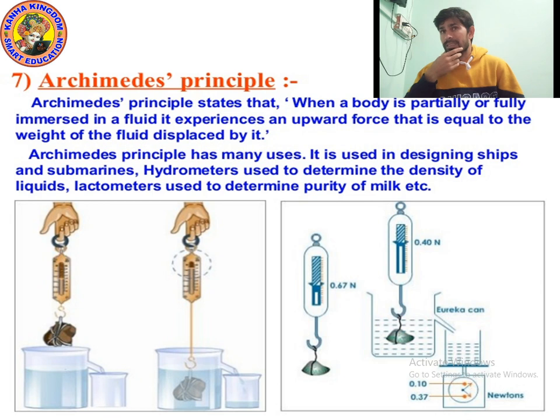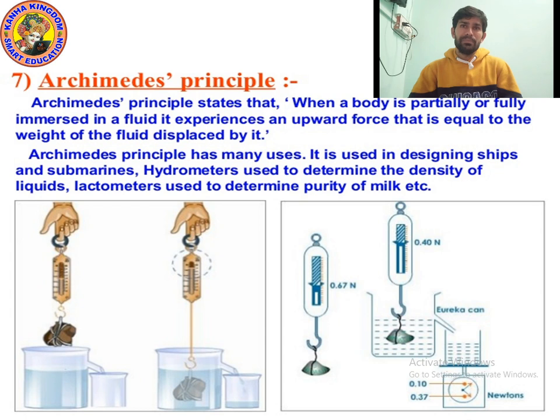It is used in designing ships, and submarines also. The hydrometer is used to determine the density of a liquid, and the lactometer is used to determine the purity of milk.